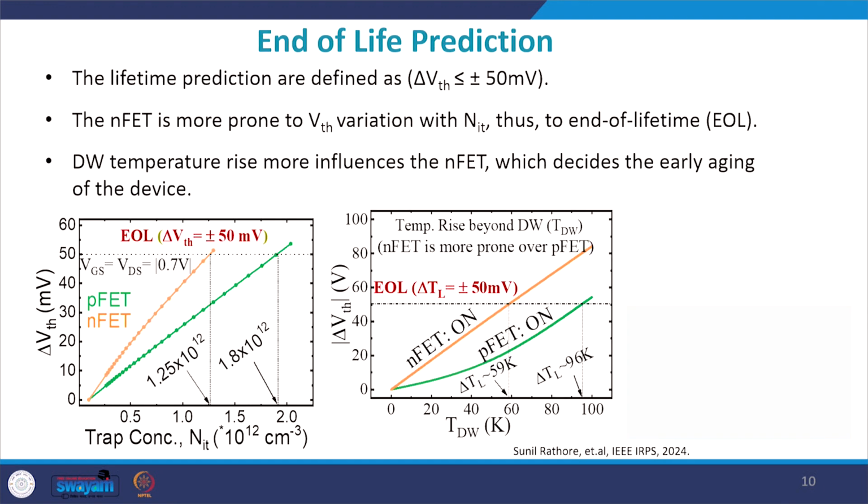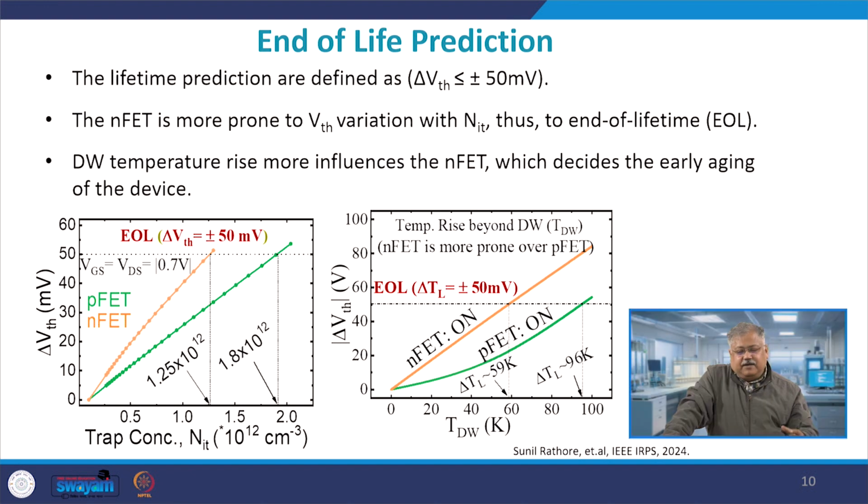Let's do an EOL prediction. EOL basically means an end of life prediction, or prediction of end of life in a sense. In our case, we have defined end of life as when the threshold voltage change is equal to 50 millivolts, which means that, let us suppose you have a nominal threshold voltage of say 10 millivolts.